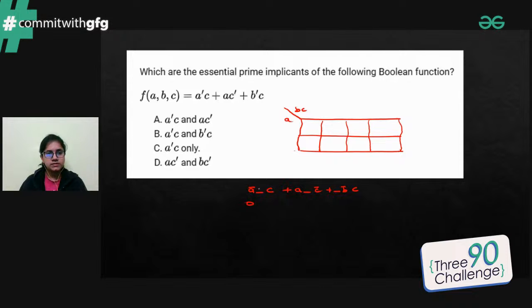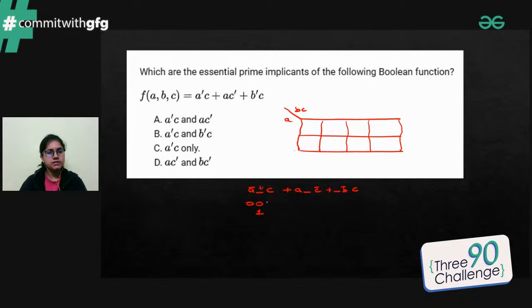The space for B has two possibilities, either it can be 0 or it can be 1. As you all know, in digital logic design only binary values are there, either 0 or 1. No other value comes in the space.